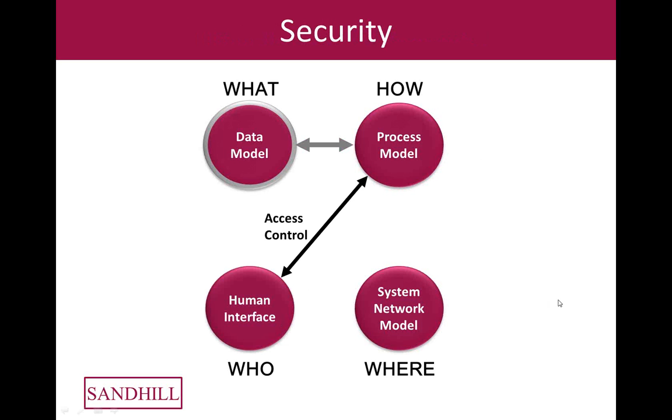Now, as we progress into these days with the internet, the concern now, of course, is security, and how and who does a person interact with a specific process model. So as we moved into the cloud and into the web world, the concept of access control became very, very important, and fundamentally understanding the human interfaces.